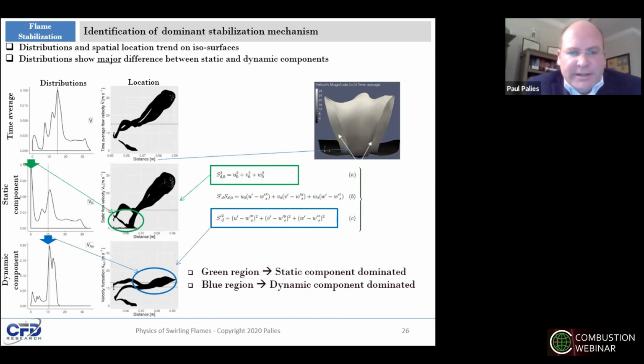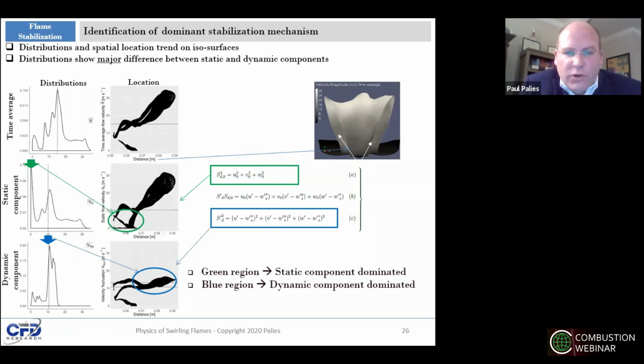So what I'm plotting on this slide is the distribution of velocity to be able to identify which of the equations of this system is satisfied on which part of the flame.